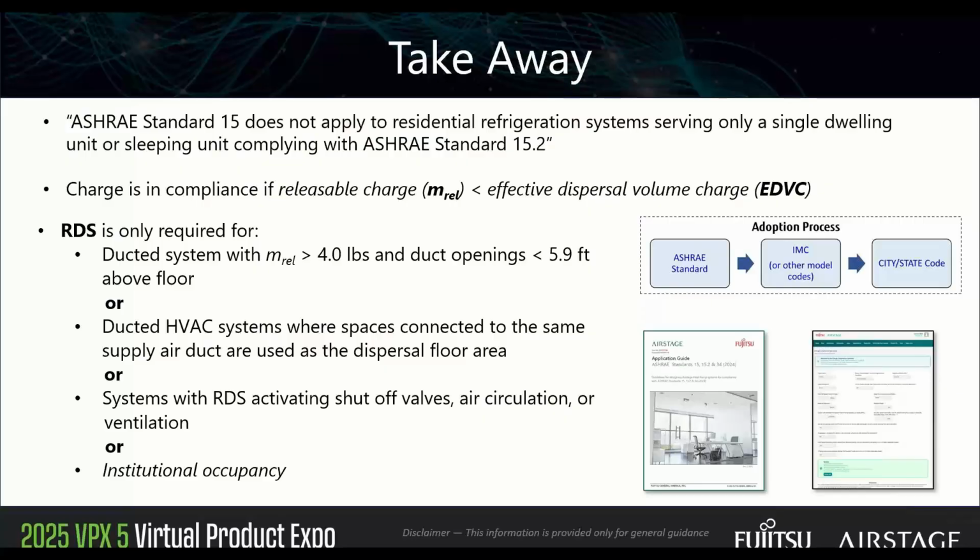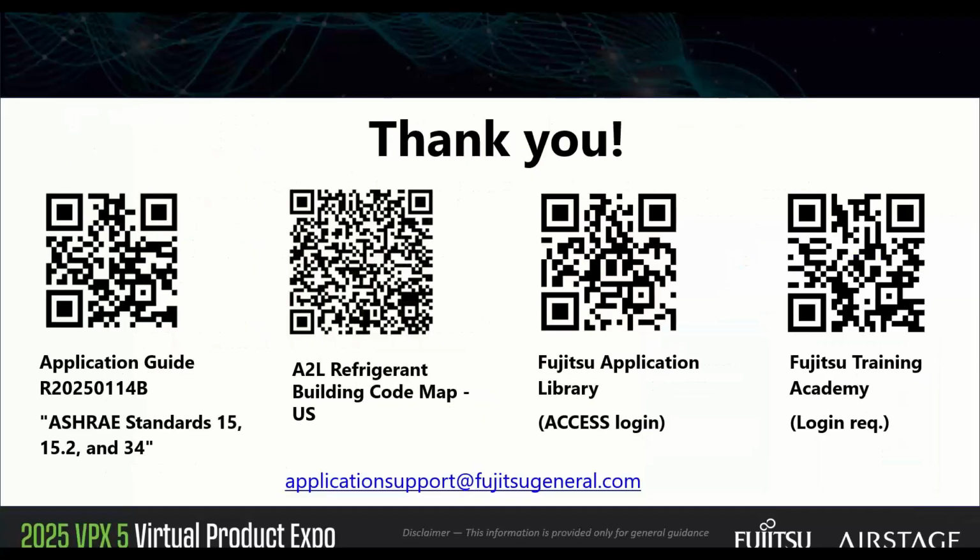To the right, you have a reminder about the local code and how the adoption process goes. We need to make sure we have the right local code. You can also see the front page of that application guide we discussed a couple of times. And on the right, you have the 3C, that's the calculator that is available on Access. So thank you. These are the QR codes we have discussed. You can see the application guide on the left.